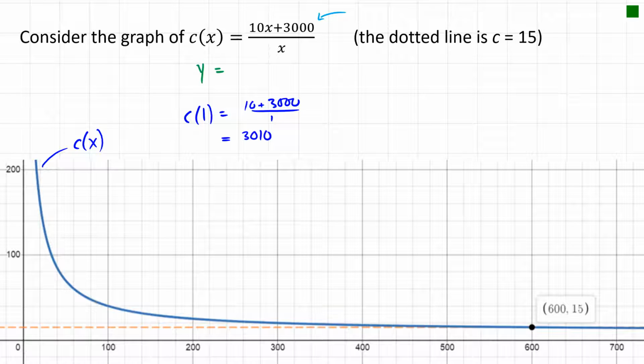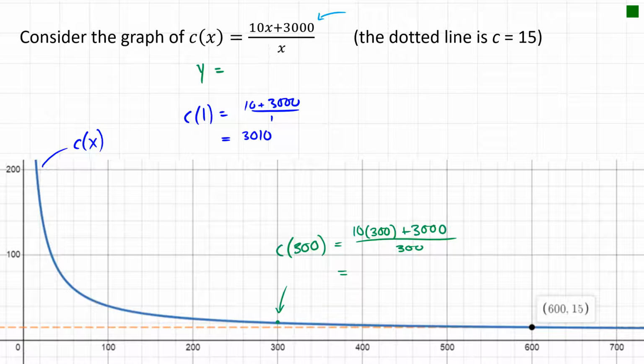But as you produce more and more and more cases, like when you produce, say, x equals 300 cases, the cost for 300 cases gets a lot lower because now you have 10 times 300 plus 3,000, all of which is divided by 300. And if we type that into our calculator, we can find this precise value that we can sort of estimate from the graph.